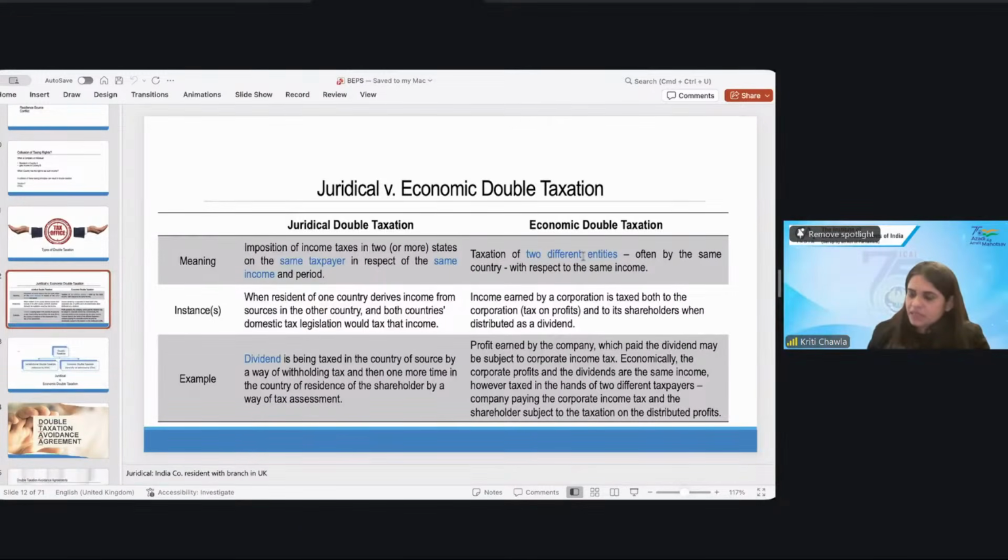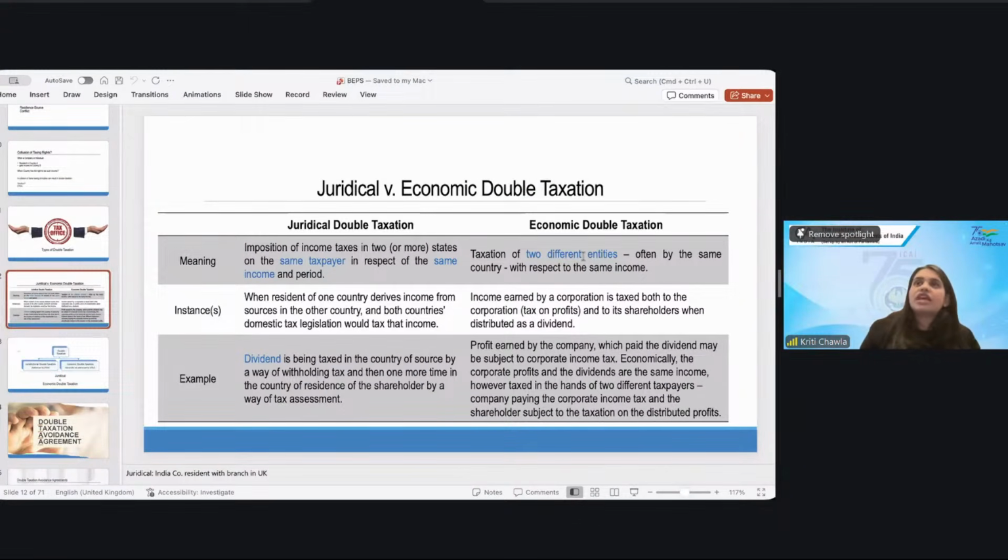Now, let's say that there is a company which has earned profits. Now, because the company has earned profits, this profit will be subject to tax in that particular country. Now, after paying taxes on that particular profit, what is left is the residual profit. The residual profit is distributed to the shareholders as dividend.